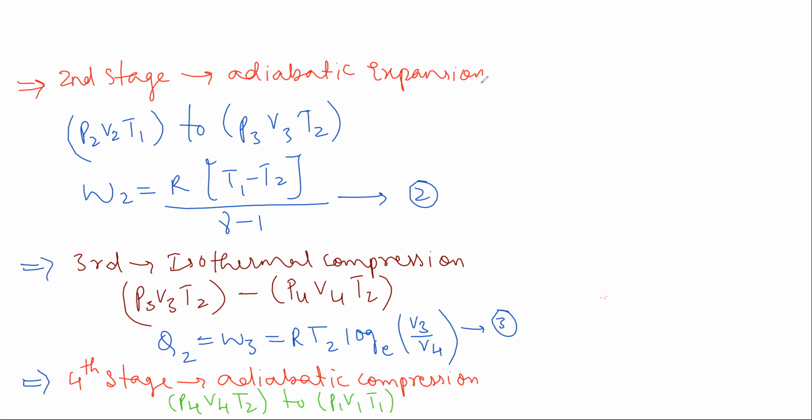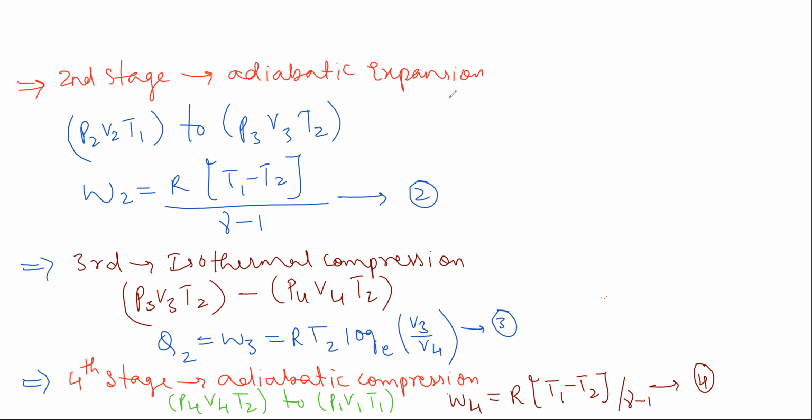Therefore the work done on the gas is given by the formula W4 is equal to R times (T1 minus T2) divided by (gamma minus 1). Let us consider this as equation 4.